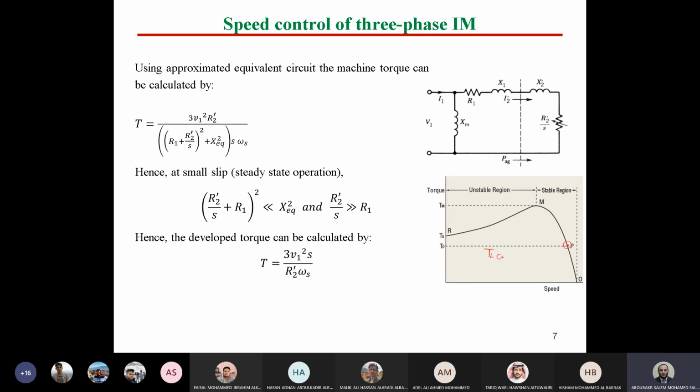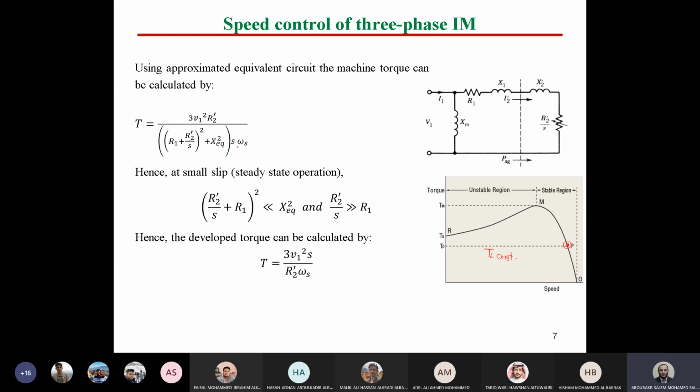So this is our operating point. In order to control the machine speed at the line of load, we need to move this characteristic, in any shape or by any technique. This is now called speed control.